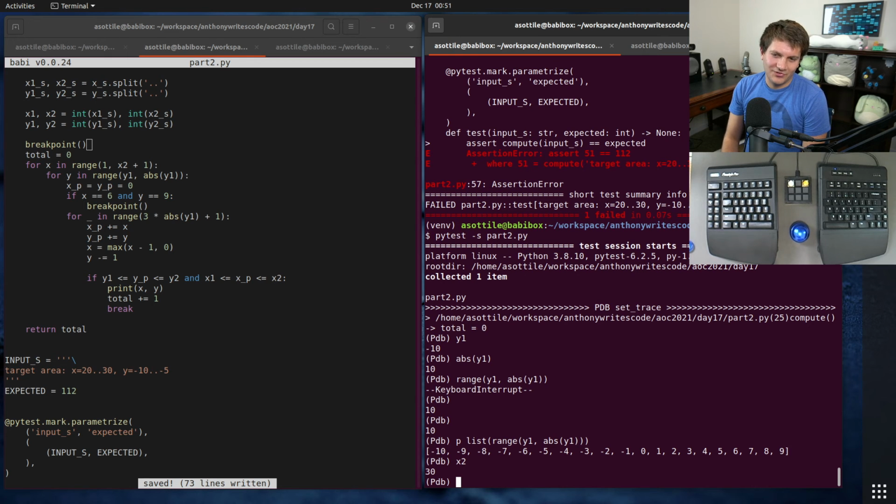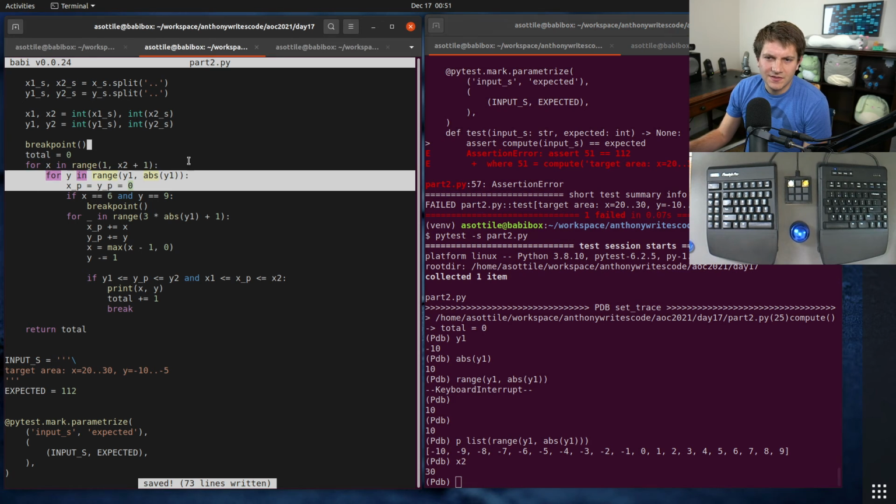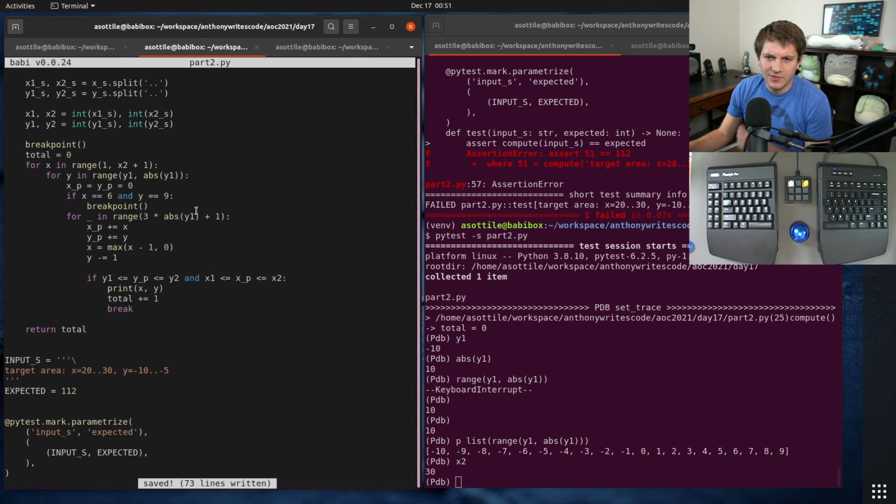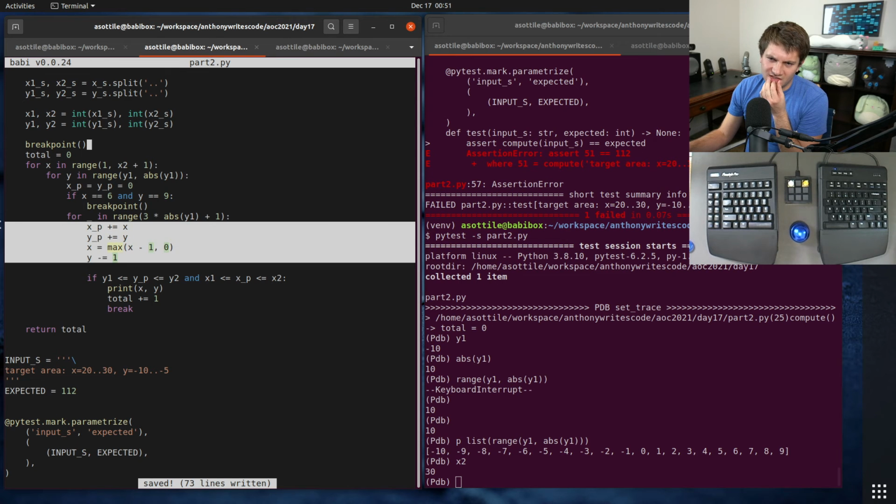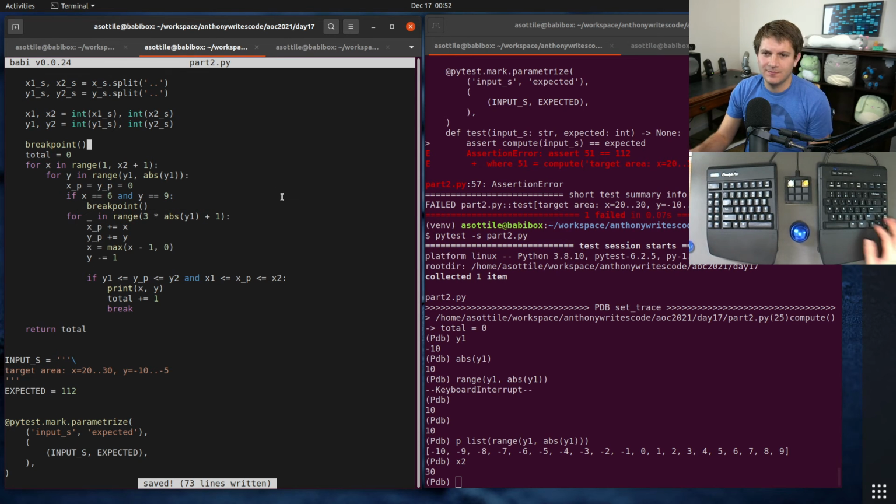Where's my stupid typo? Don't reassign X or Y or Y1 anywhere in here. And we do reassign X and Y here, but that's before this breakpoint even gets hit.